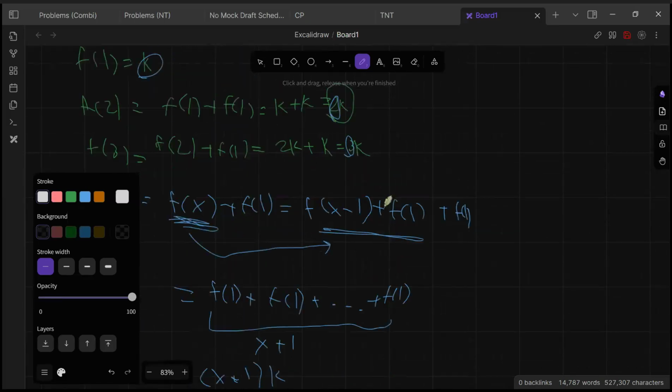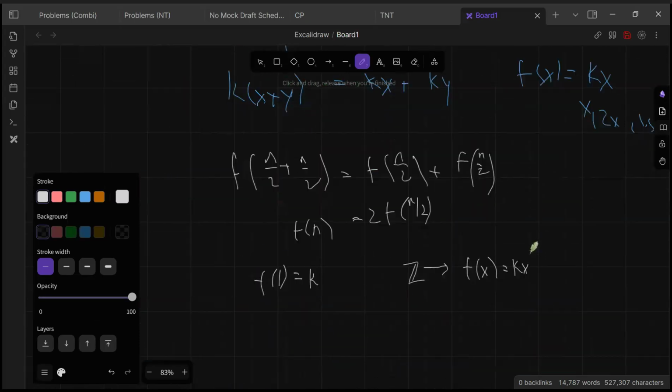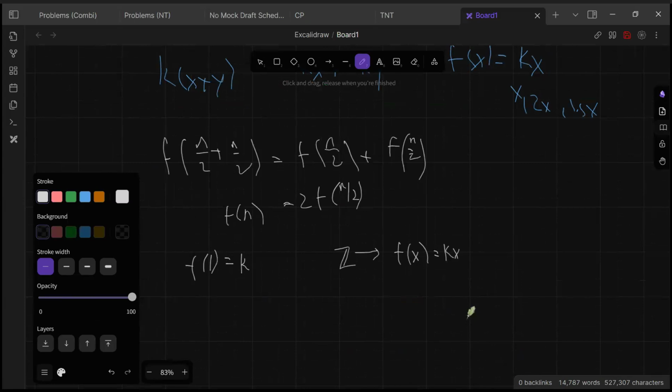We've already shown that if it holds over integers, then f of x is kx. But suppose we have some f of 1 over 2, then from this we know that f of 1 over 2 is going to be k over 2, right?